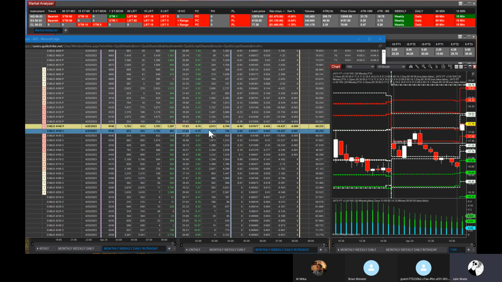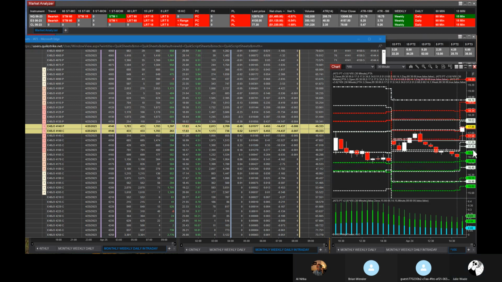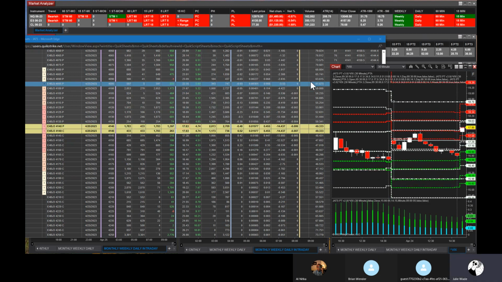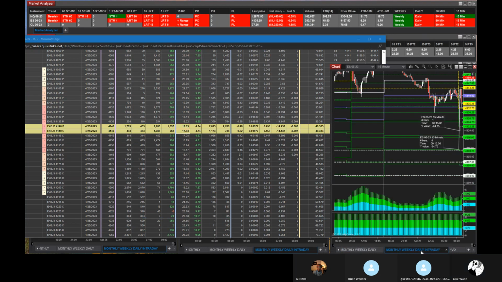So I'm going to be watching this to see how much of a help this is, and how correlated this is. Right now it seems to be tracking pretty good. But I think it's going to get down to this higher volume at 41.30 if it breaks.